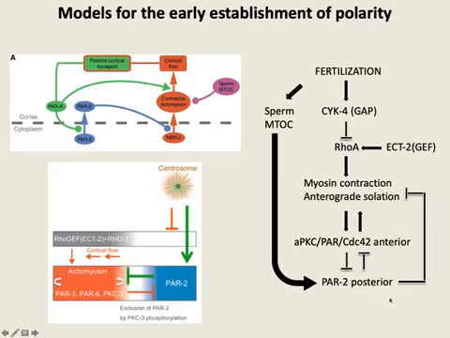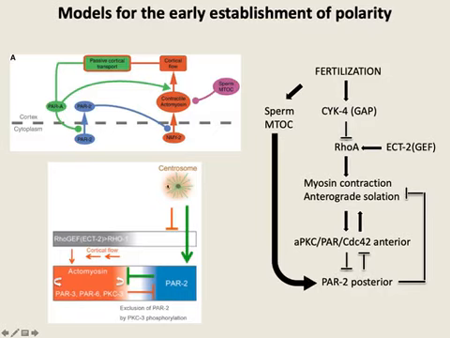So now you have almost a double kind of negative input on the PAR complex, which is going to end up anteriorly, because not only are you inhibiting its positioning at the back through the effect of myosin, you're also inhibiting its positioning by positioning PAR2.